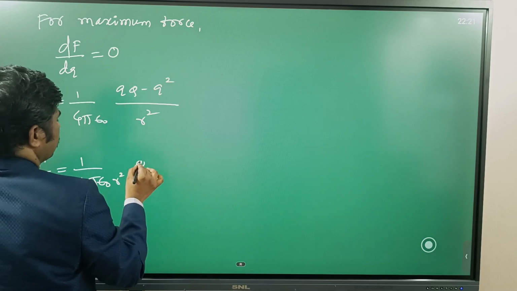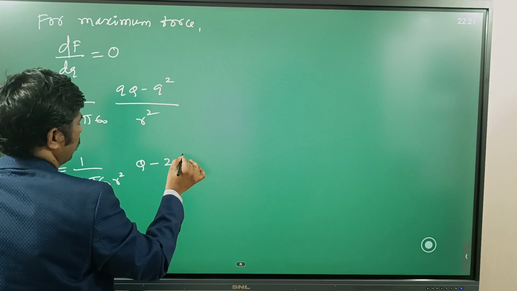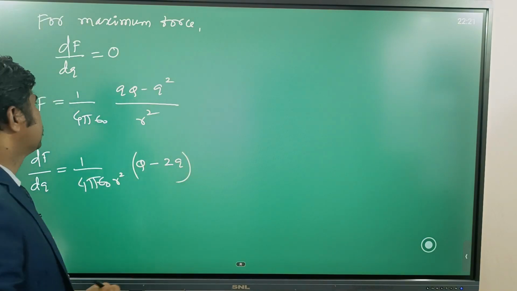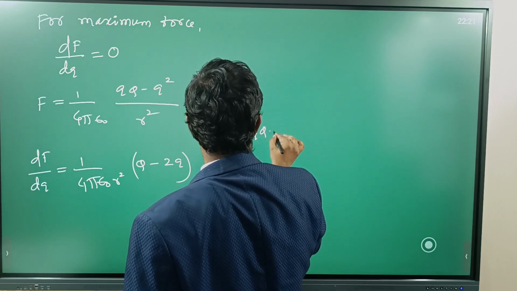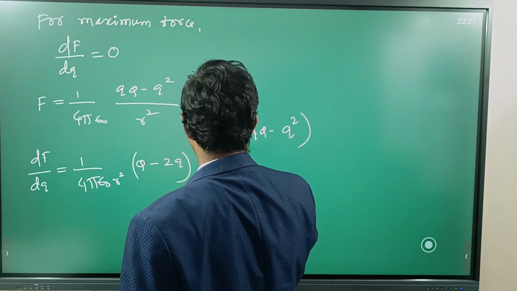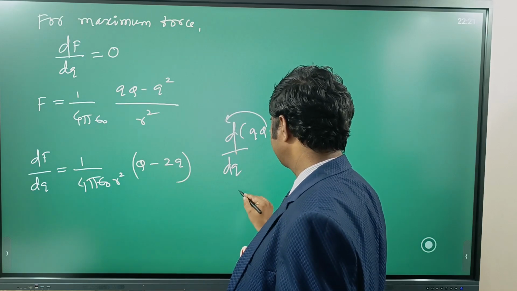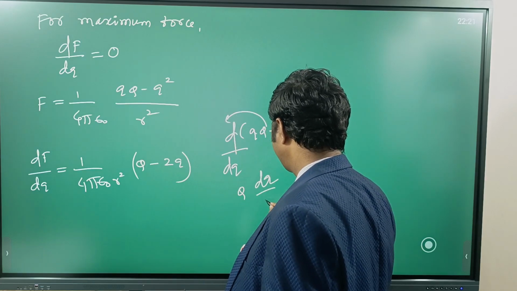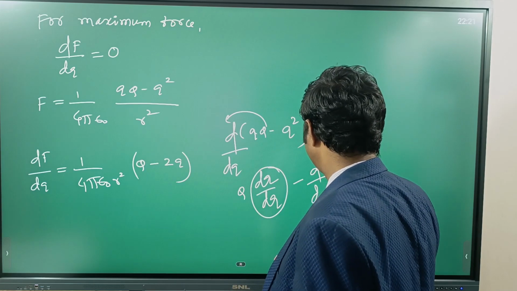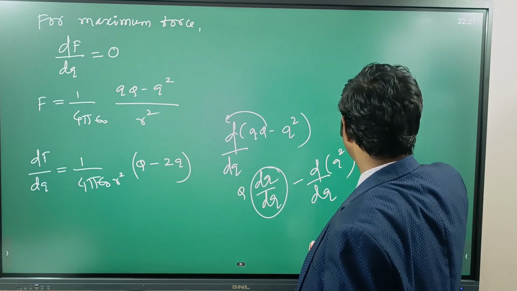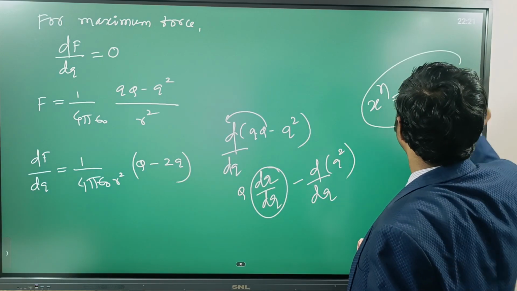Differentiation of Qq minus q square with respect to q: here capital Q is constant, keep it outside, then dq by dq is 1, then minus the differentiation of q square. You know x to the power n differentiates to n into x to the power n minus 1. That is the differential formula.